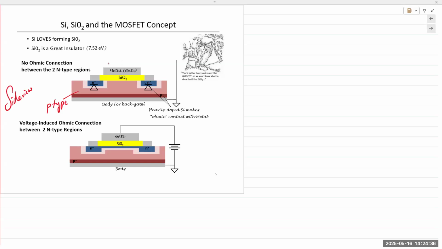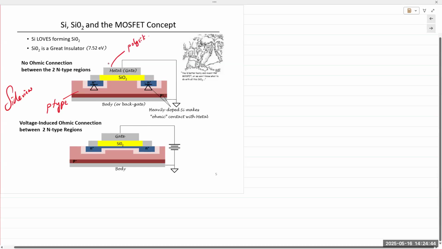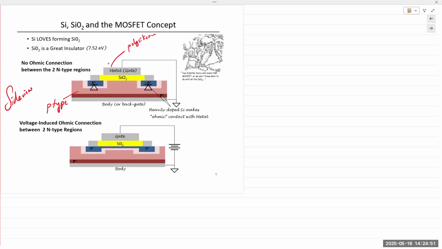Now, in modern devices, this is not even made out of metal. It is made out of polysilicon. Polysilicon is an amorphous form of silicon, hence the name polysilicon. It is heavily doped polysilicon, so it behaves with metallic properties.